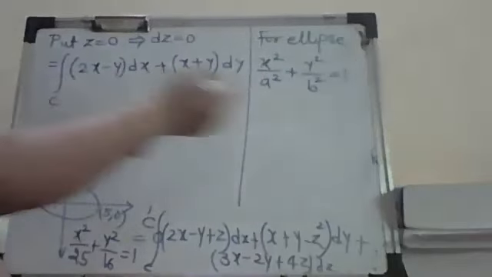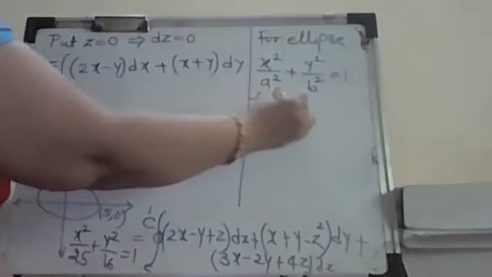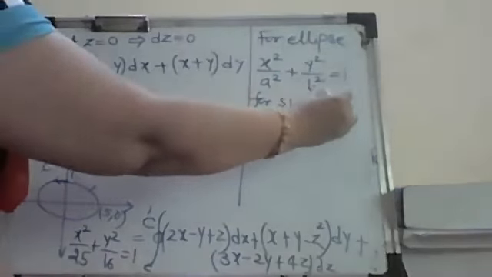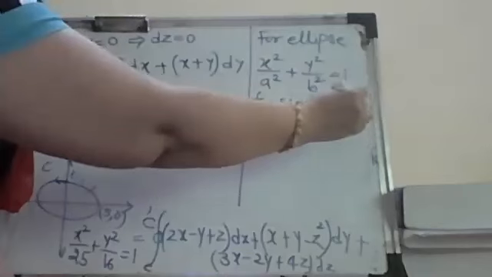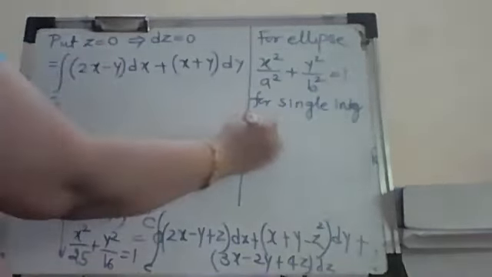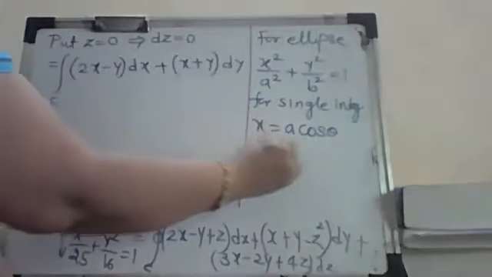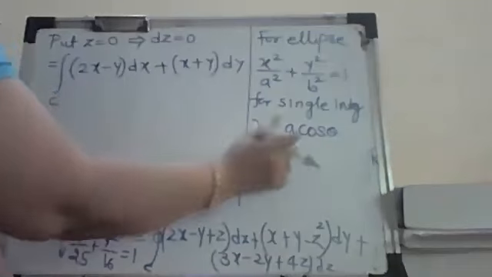We have to solve a single integration. Why I'm specifying it? Because you will understand it. You put x equal to a cos theta and y equal to b sin theta.